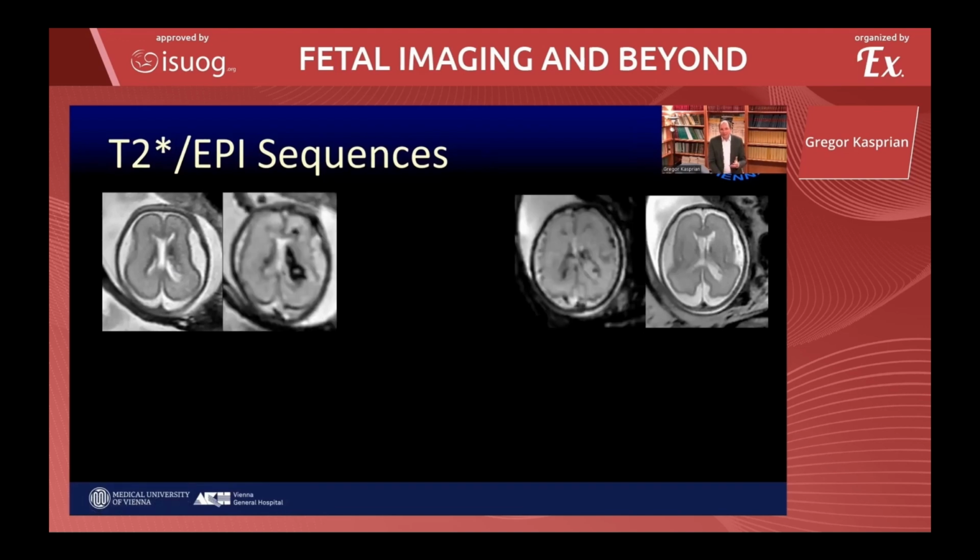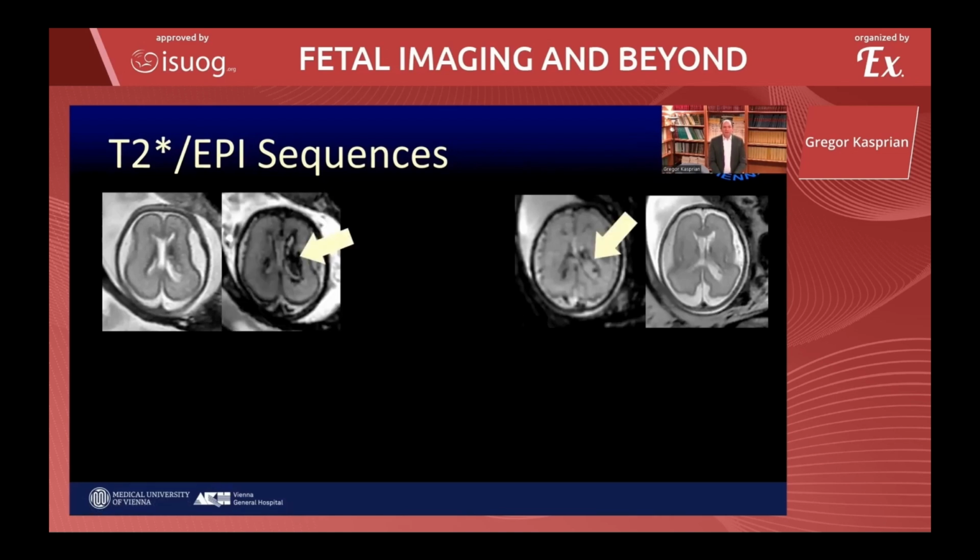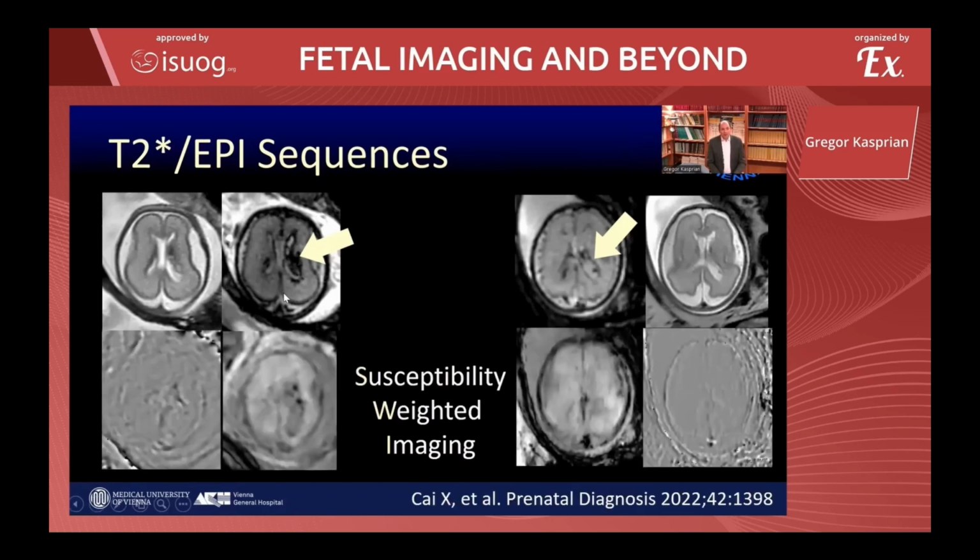This is absolutely clear that there has been blood here, here, and here. So really, this sequence is worthwhile to be used in the evaluation of babies with hemorrhages and ventriculomegaly to find the reason for ventriculomegaly. This is a higher resolution of this EPI sequence, takes you a little bit more time, but also gives you an excellent contrast here.